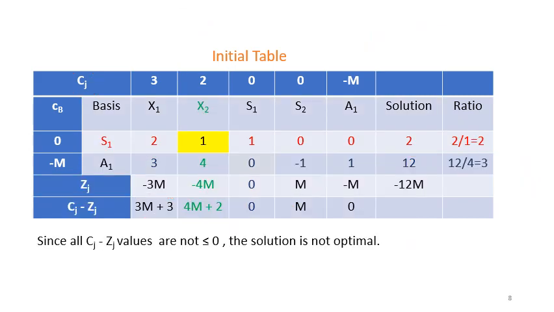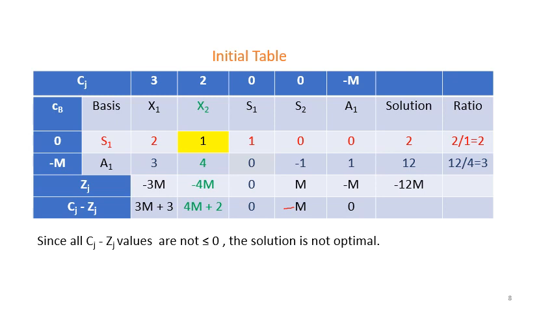You can see here the same table is shown. So this should be minus M here. You have to know this solution is not optimal now, because all Cj minus Zj values are not less than or equal to 0.